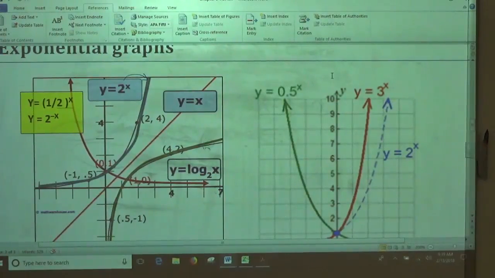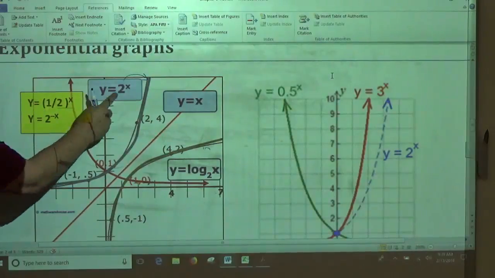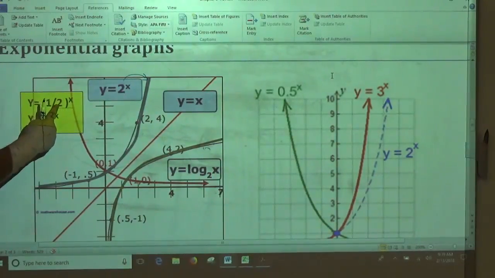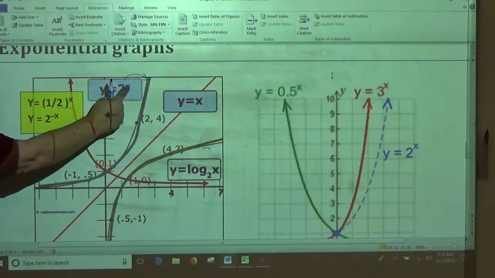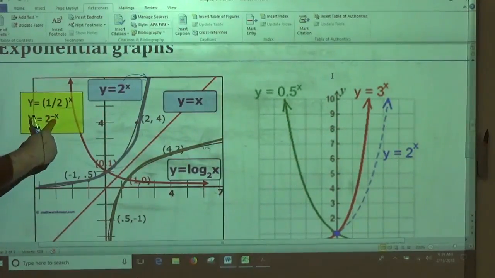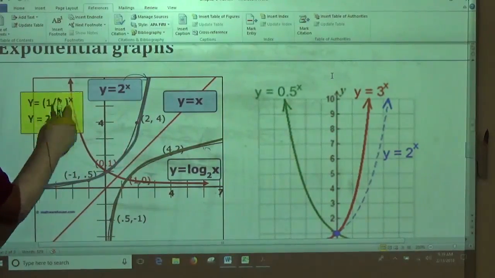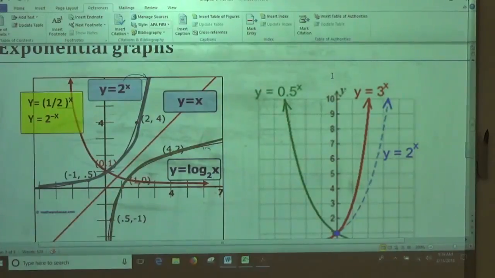Okay? Now, when the base number is less than 1, or when the exponent is a negative, it throws the 2 to the bottom of the fraction. What it does, it reflects across the y-axis.